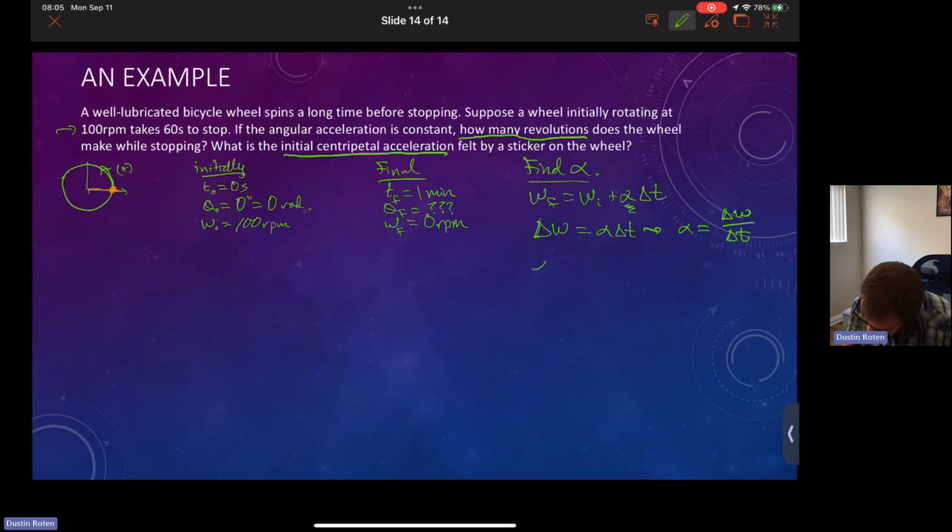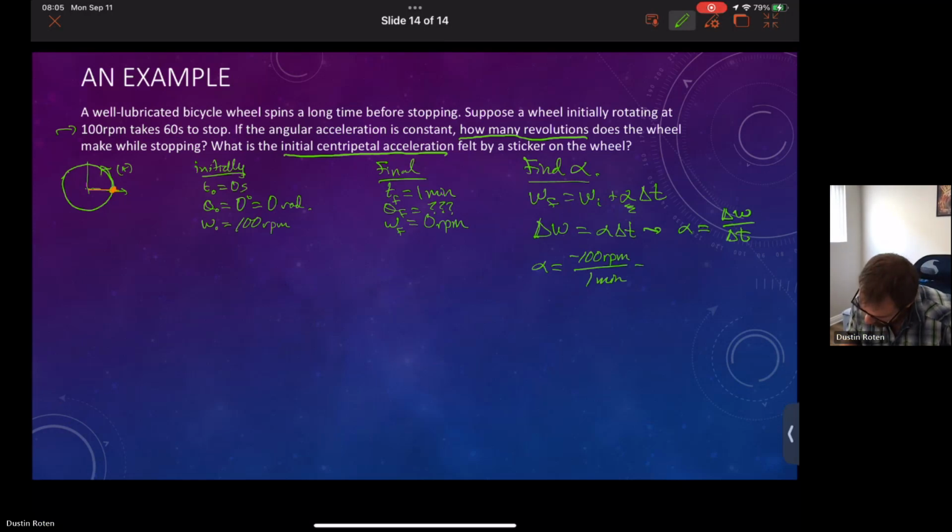All right, well, this is just going to be negative 100 RPM, because that's my final minus initial. My initial was 100 RPMs. My final was 0 RPMs, right? So I went from 100 to 0, negative 100 RPMs, over how long it took to do that, 1 minute.